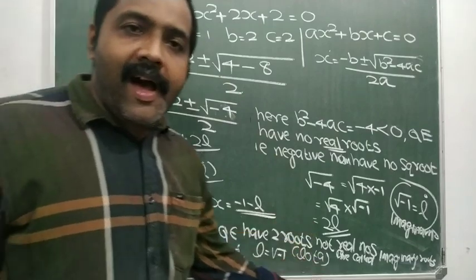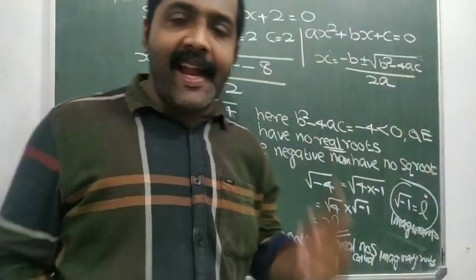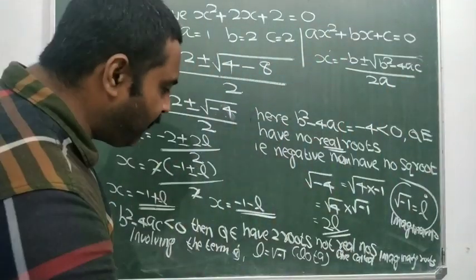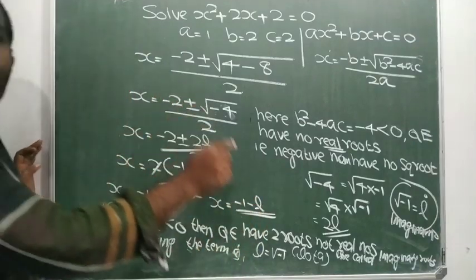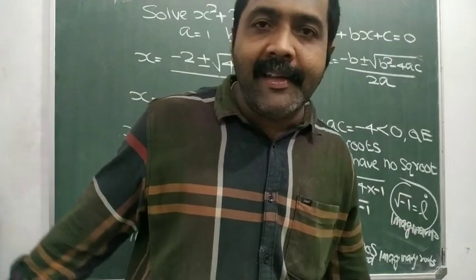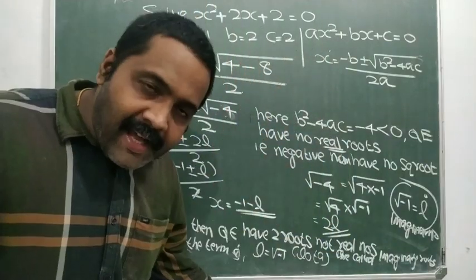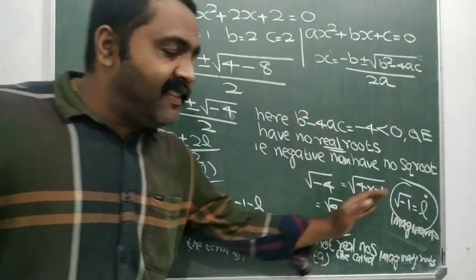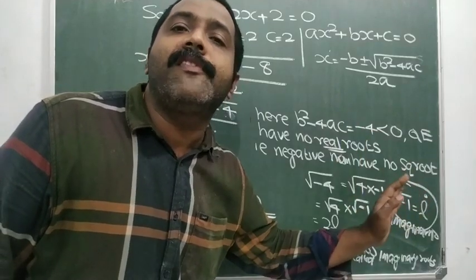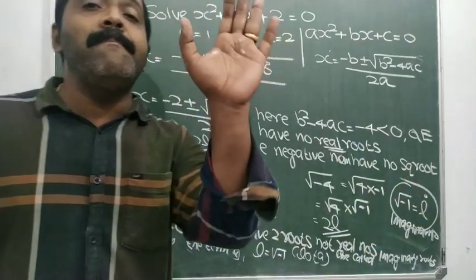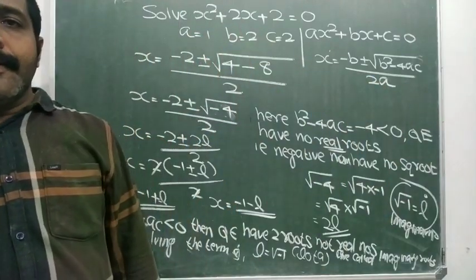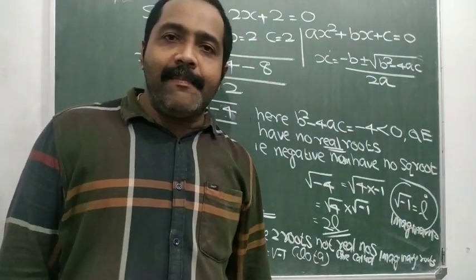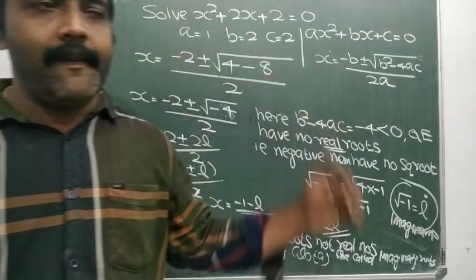The roots are not real numbers. The roots include the term I. The value of I is equal to √-1 called iota. Then these types of roots are called imaginary roots. Get my concept?